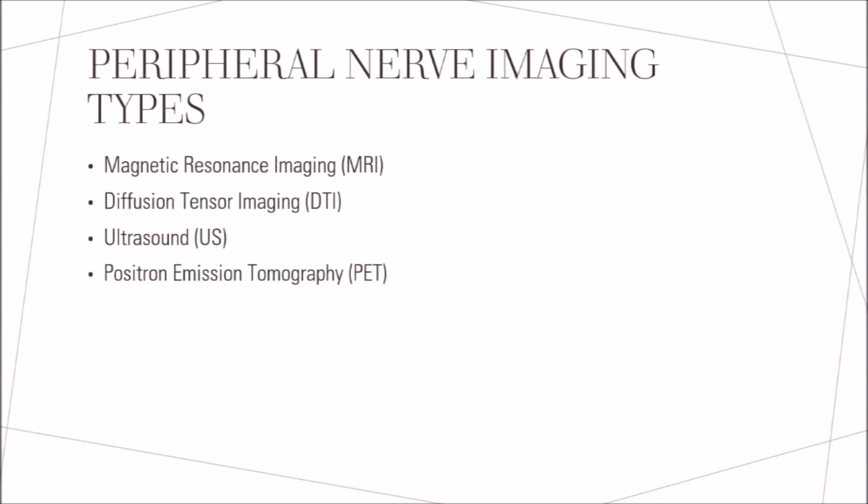The 4 main types of nerve imaging techniques include magnetic resonance imaging, otherwise known as MRI, diffusion tensor imaging, otherwise known as DTI, ultrasound, otherwise known as US, and positron emission tomography, otherwise known as PET.